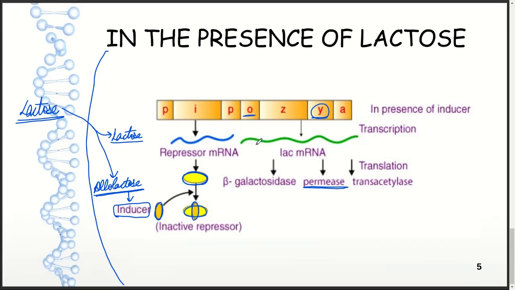operator gene. As you had seen in the previous case, our repressor protein attaches with the operator gene, but now, as our inhibitor protein has a very high affinity for the inducer, that is, for allolactose, it gets attached to the allolactose, and now our operator gene is free.